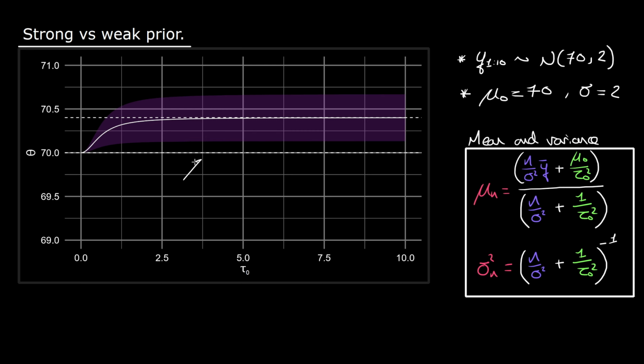The prior mean, the sample mean, and the posterior mean. The shaded area around the posterior mean captures the uncertainty in the posterior.